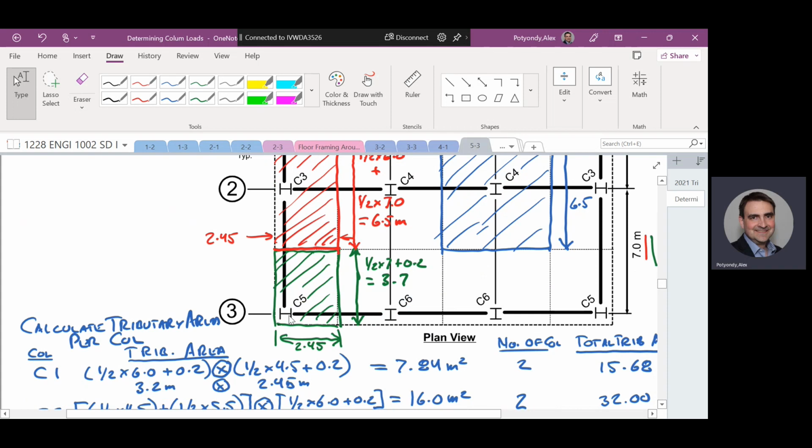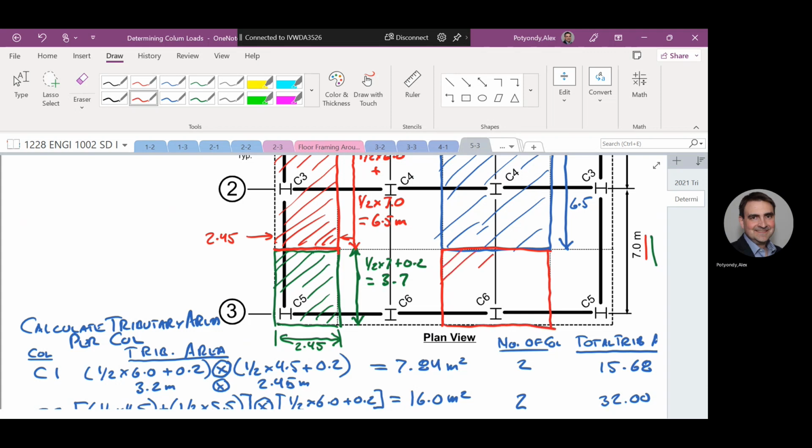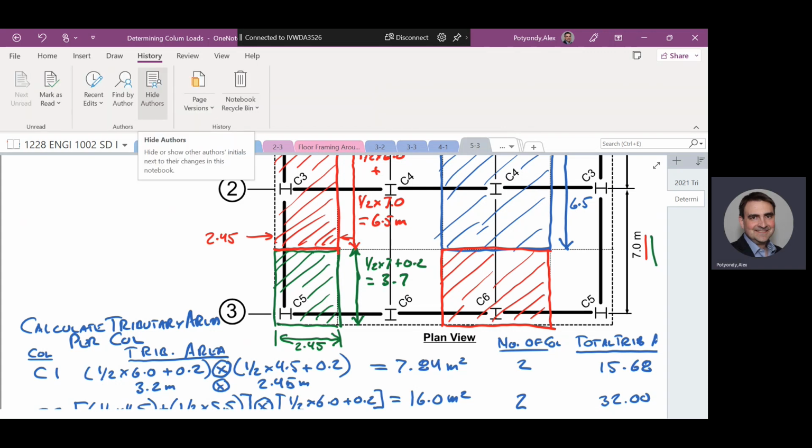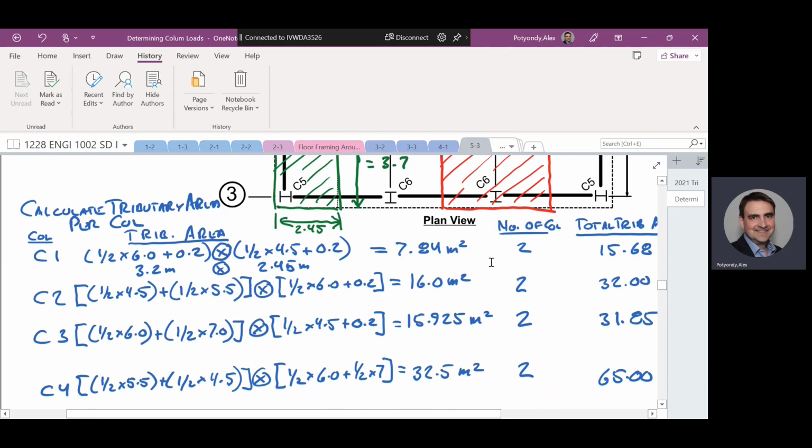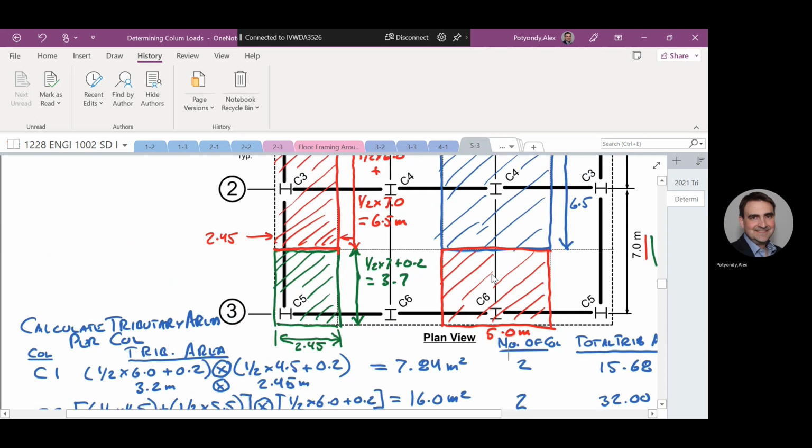C6, and we use red for that. It's not going to give me a conflict. And that dimension along here, well, I hope I don't have to show that outright. That's going to be still 5 meters here. Already have that. And this one here, going to be 3.7.